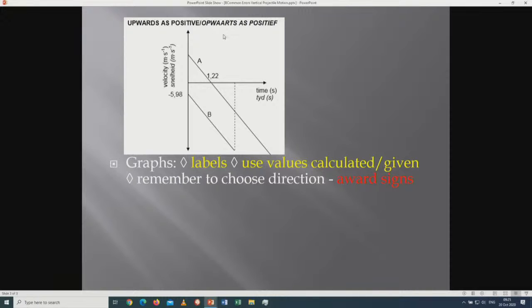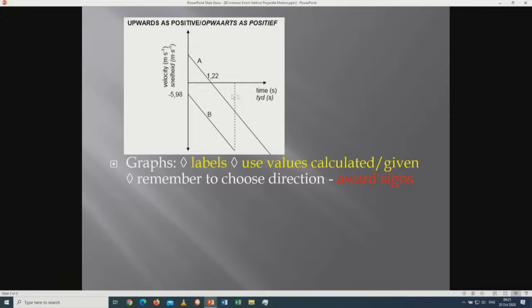And then remember, in a graph, you must also have a chosen direction. And therefore that will have implications on your graph. For instance, in this instance, this learner has chosen upwards as positive, so therefore G will be negative.